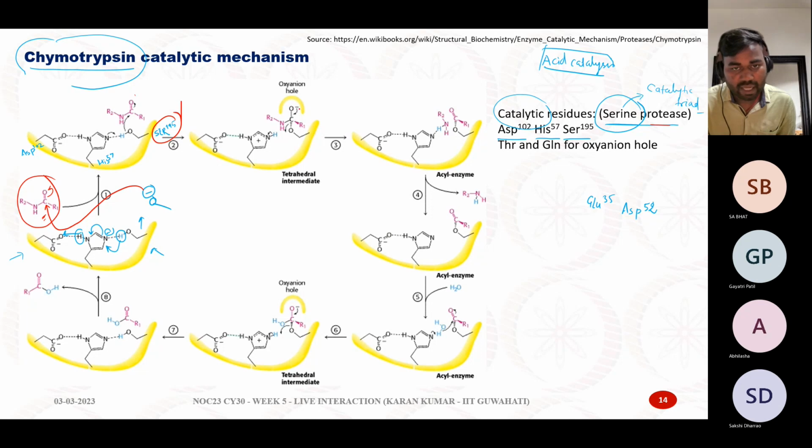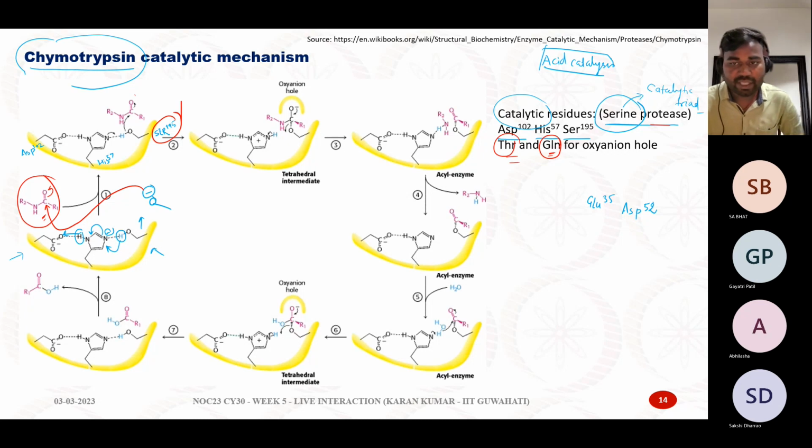Okay. Now what will happen? It will generate a negative charge over here, on the carboxylic ion. This negative charge will be stabilized by the oxyanion hole. The oxyanion hole in chymotrypsin is formed by threonine and glutamine, which are the positive charge containing groups, right?